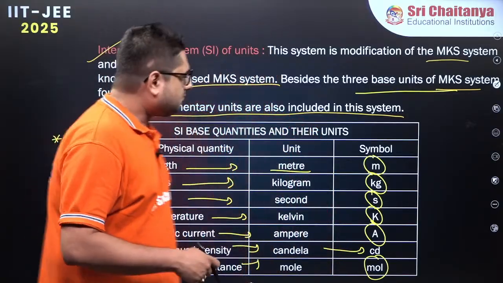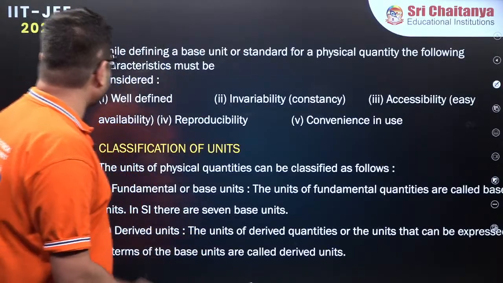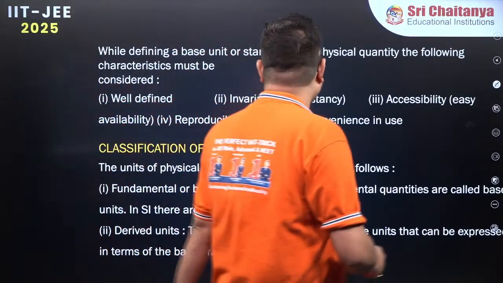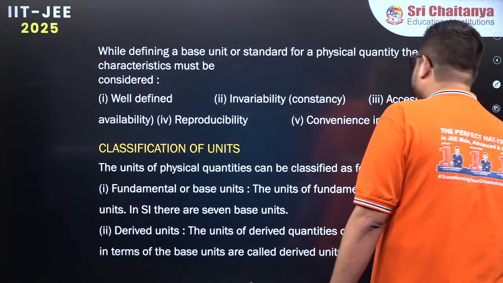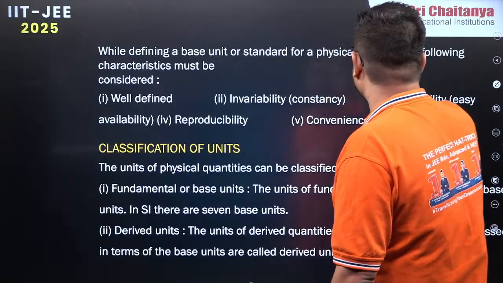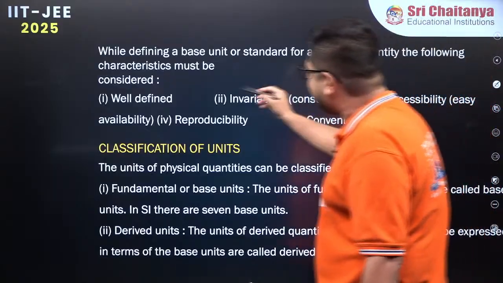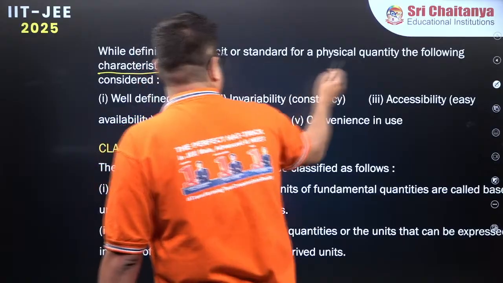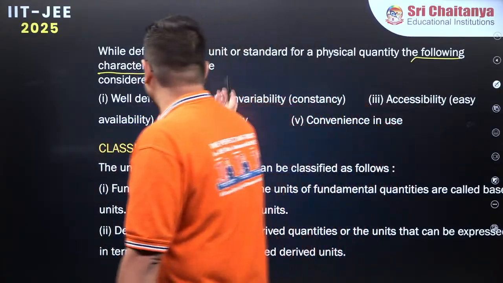Next, defining a base unit, we are talking about the fundamental unit or standard for a physical quantity. These are the following characteristics which must be considered.